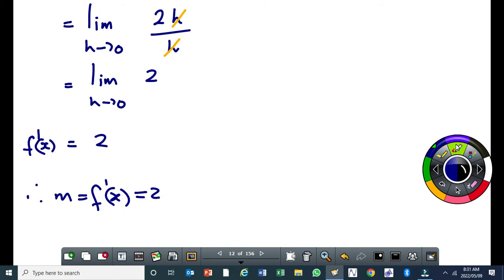Just to emphasize why I'm writing this: I'm writing this so that you are aware that the gradient is the same as the derivative. Because most learners will finish matric without understanding the concept of this f prime of x.